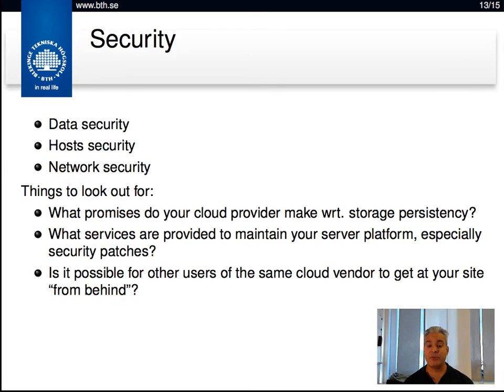What services are provided to maintain your server platform? For example, security patches. If you are doing the installs yourself, then obviously you have to take care of patching security. But if you are buying a platform as a service, then that ought to be taken care of by the cloud provider. So what do they promise that they're going to do?